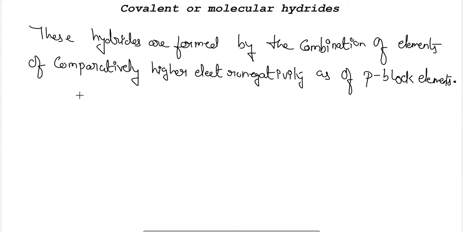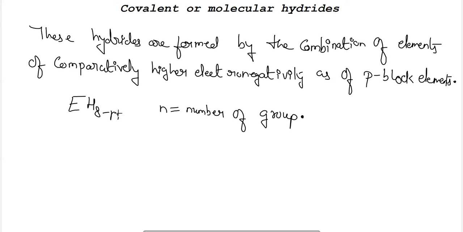Here we will see that the general formula for the hydrides formed here is denoted by EH8 minus N, where N is the number of the group of the p block element from which we have taken the element.